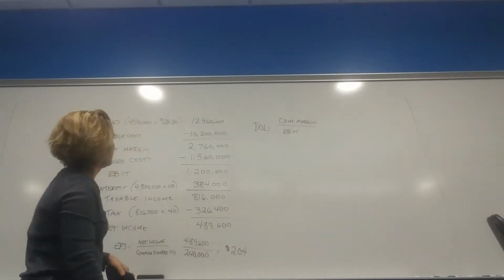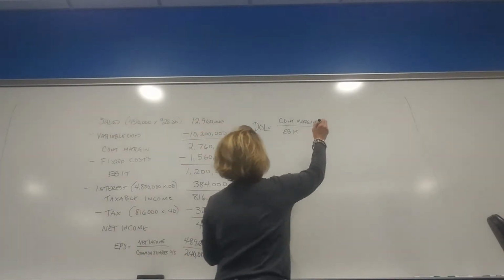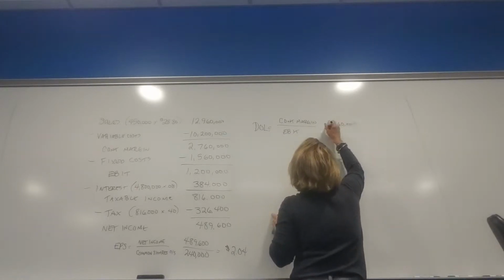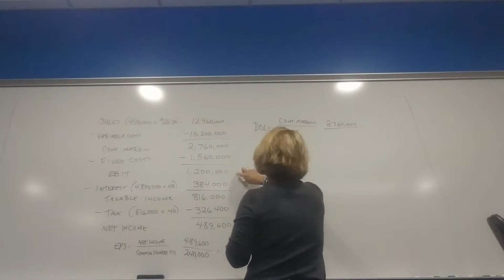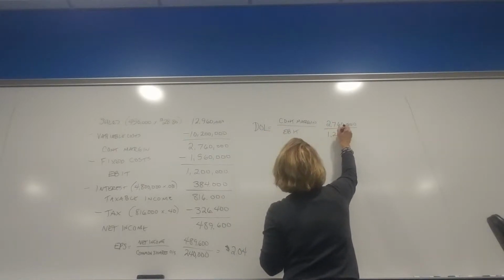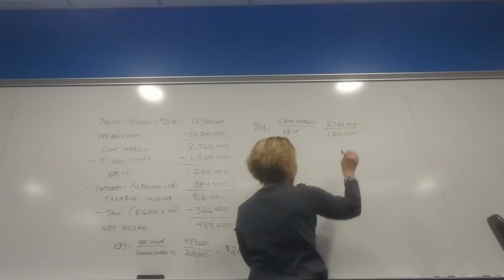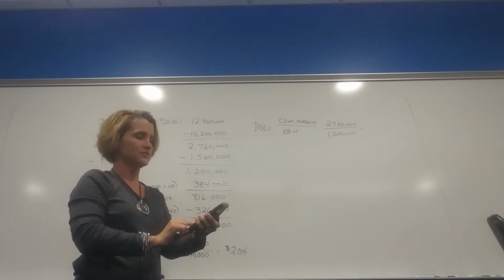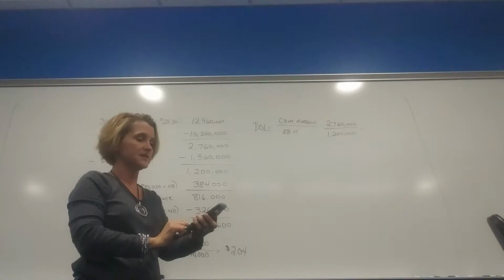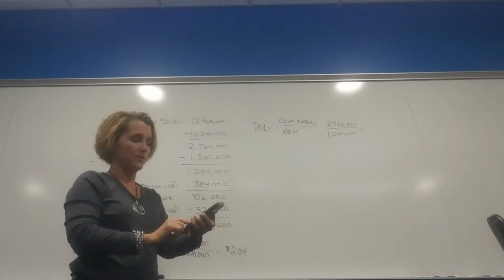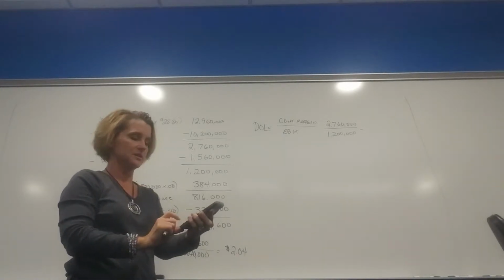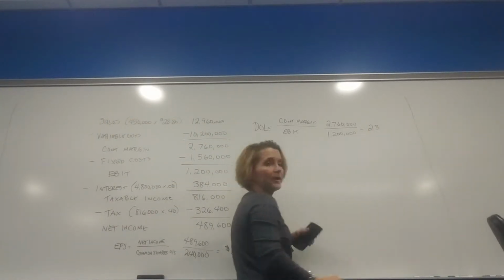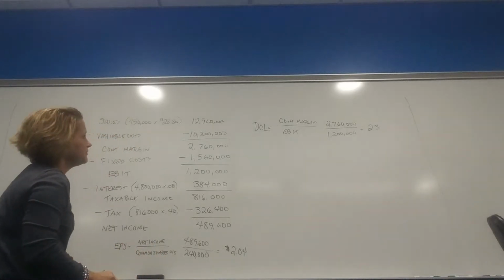So again, in this problem, our contribution margin is 2,760,000. Our earnings before interest and tax are 1,200,000. So then we divide those. 2,760,000 divided by 1,200,000 gives us 2.3. So that's my degree of operating leverage.